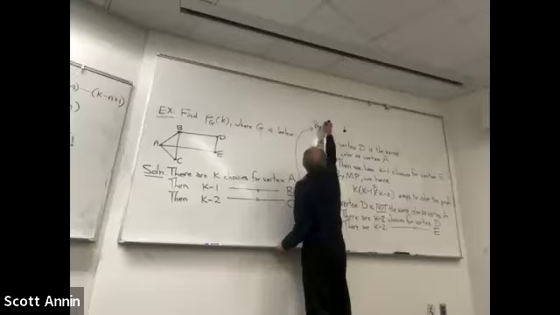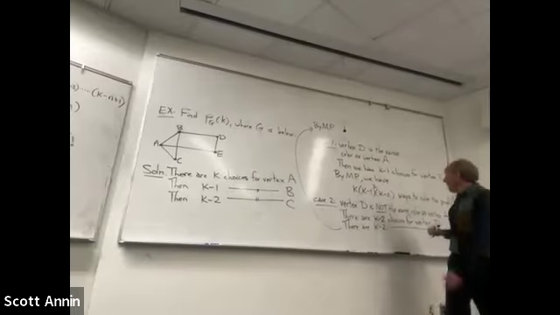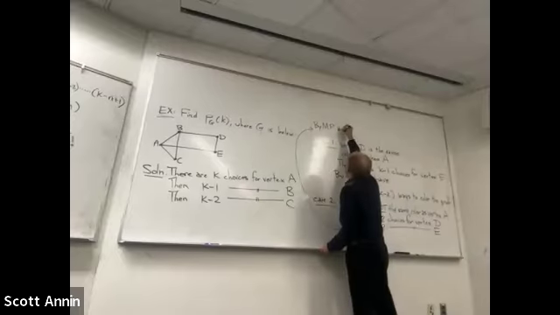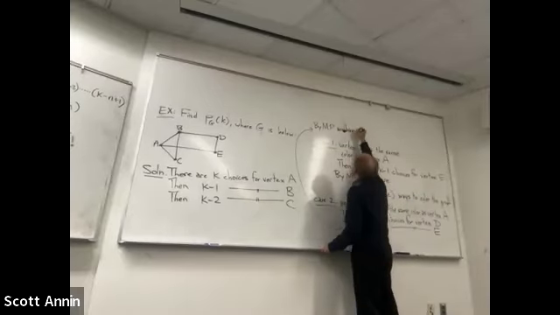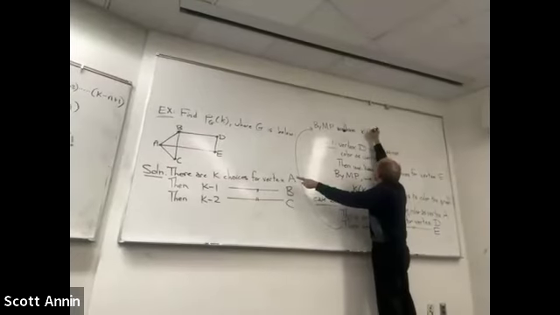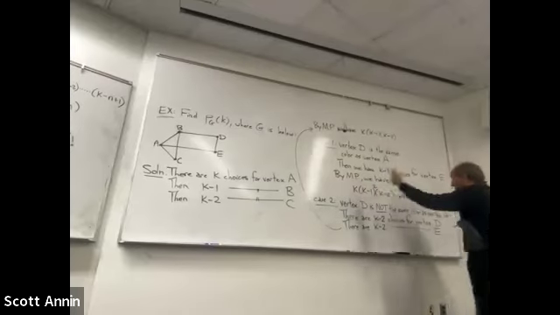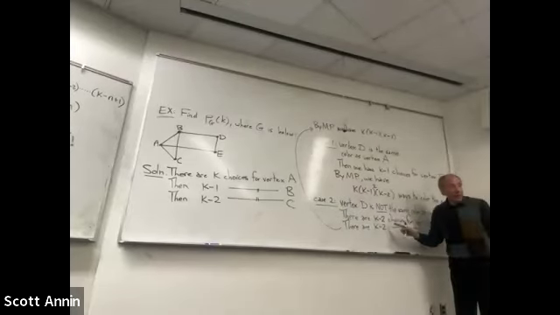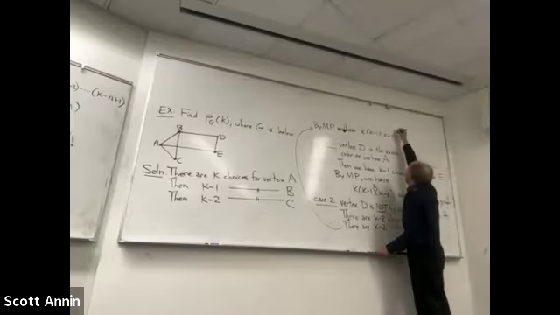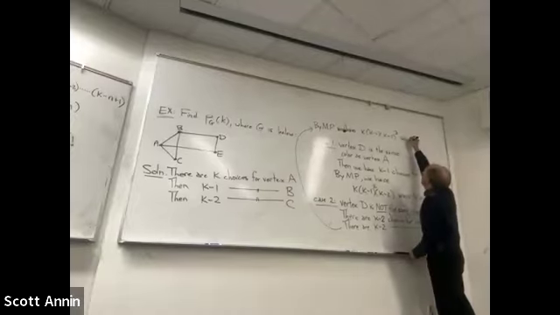By the multiplication principle, this is for case 2. We have K times K minus 1 times K minus 2 times another K minus 2 and then another K minus 2. It's actually going to be cubed, and this is ways to color the graph.